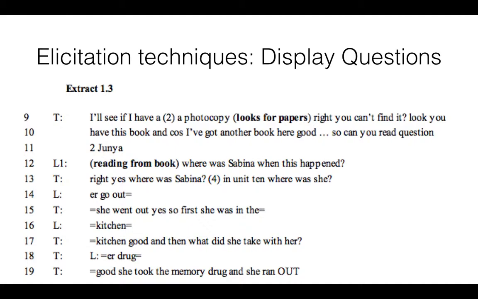She went out, yes. So first she was in. He's directing, he's looking for some specific kind of answer, a cued response, a cued question. And then, what did she take with her? Drug. And finally, that's it. So those are examples of display questions.